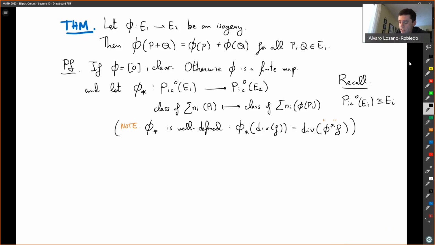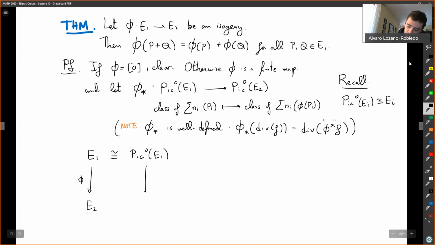And this gives me a diagram. I have E1, which is isomorphic, via kappa, to Picard. We had a sigma that went from Picard to E, and a kappa that goes from E to Picard. In any case, there is an isomorphism from Picard 0 to the elliptic curve, and I have a map phi that goes to E2, my isogeny.